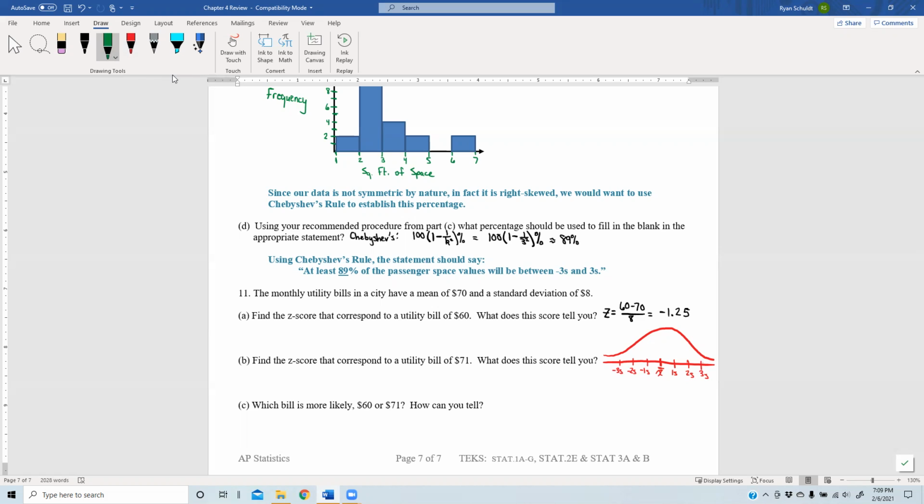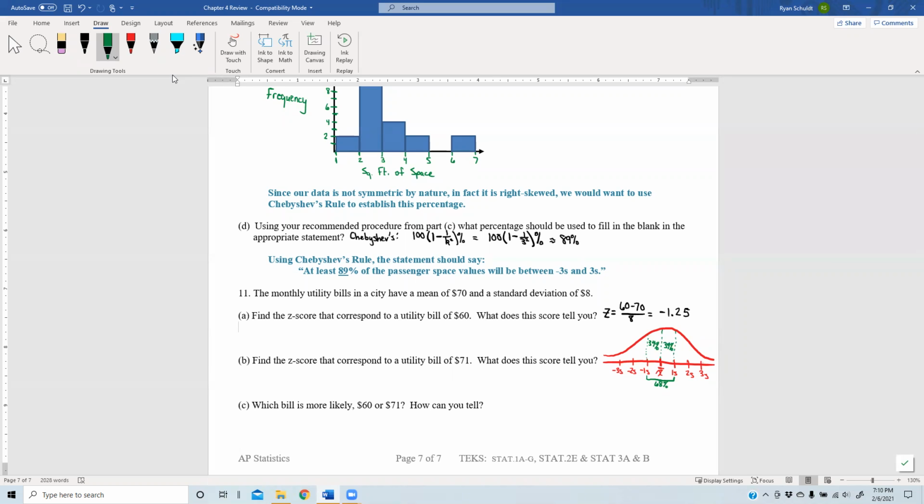So between each of these, if I drew, the empirical rule says that 68% is within here. Well, what's half of 68%? 34%. So 34% is in each half here.